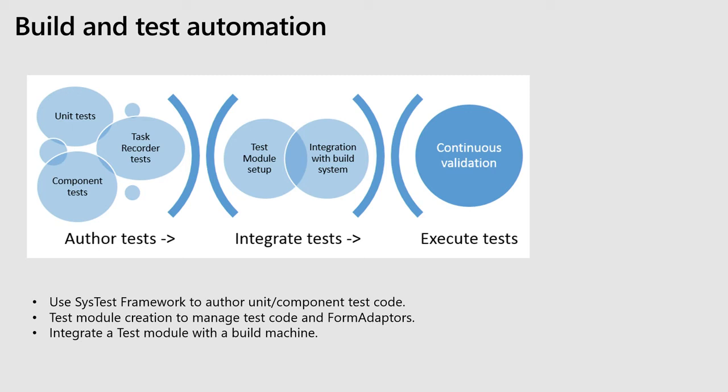Okay. For unit tests, we firstly want to say that this is a developer-oriented kind of test. A developer has to write some code. We regularly saw in multiple projects people using the task recorder to generate some classes to use as unit test classes.